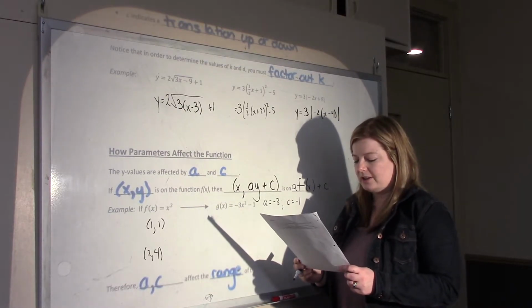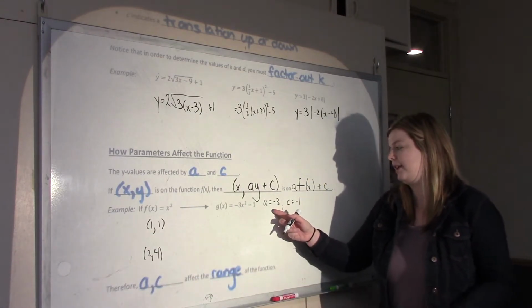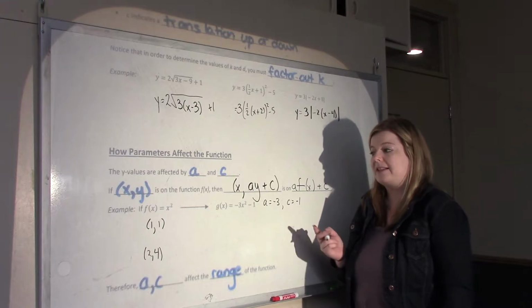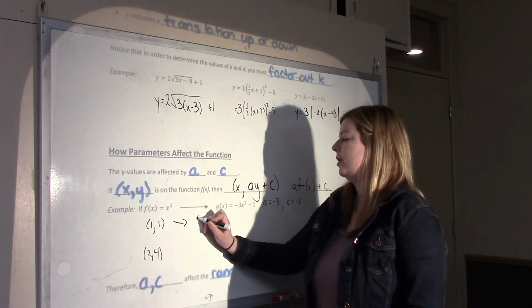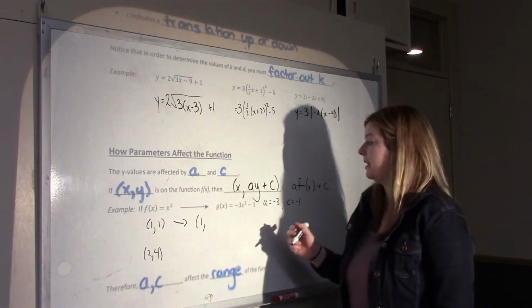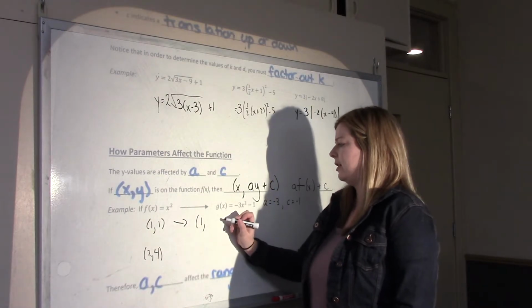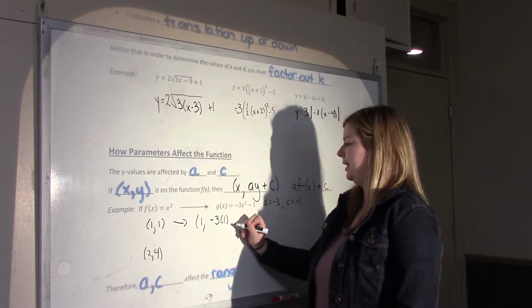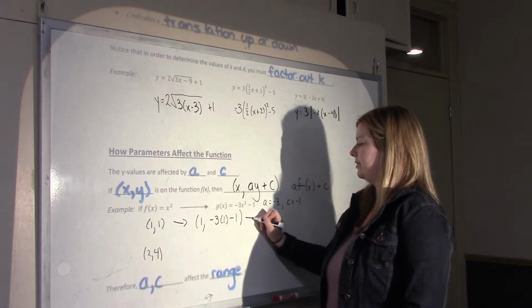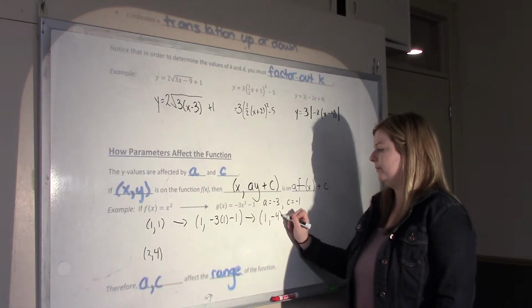So all these y values are going to be multiplied by -3, and then you subtract 1, and that's how you come up with the new point. So for the point 1, 1, the x value isn't affected because we only have an a value and a c value, so it stays the same. But then our y value of 1 is multiplied by -3, and then you subtract 1. So that gives you the coordinate 1, -4.